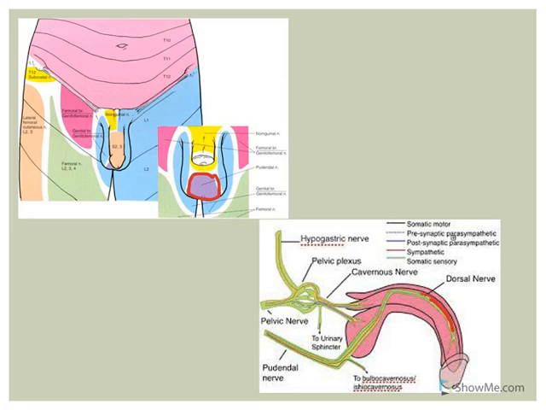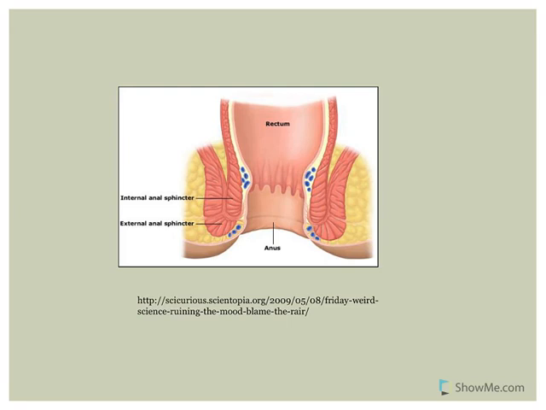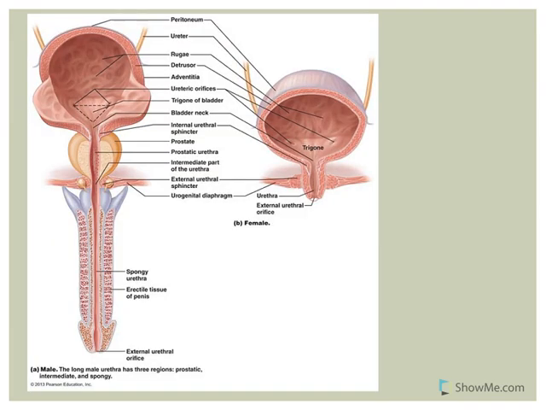So again, parts to be ashamed of. And it also innervates the external anal sphincter, which is skeletal muscle. So it's very involved in defecation. This is both males and females.